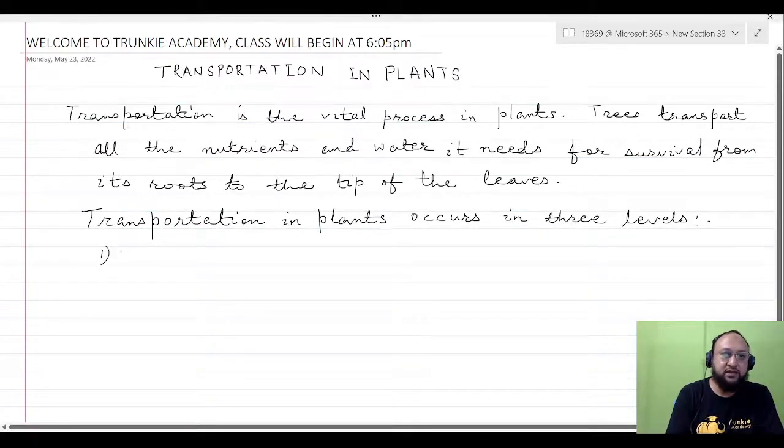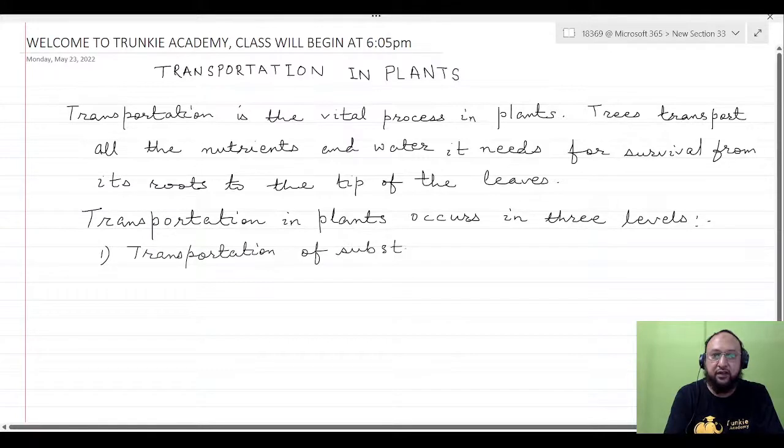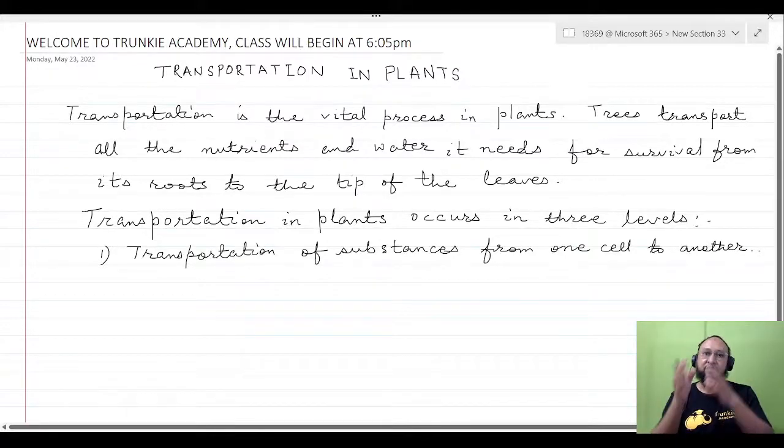Number one is the transportation of substances from one cell to another. That means cell to cell communication, one cell to another cell.